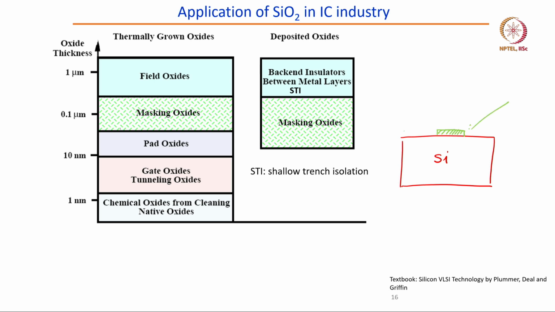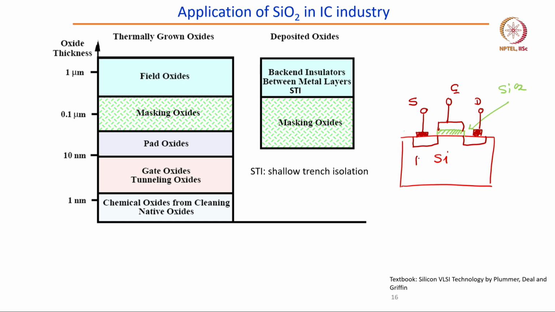This is SiO2, and we have the source, drain, and gate, and we can have a metal gate.